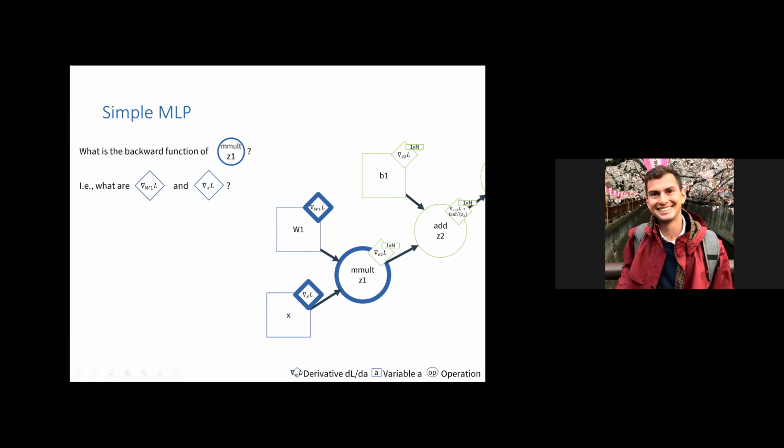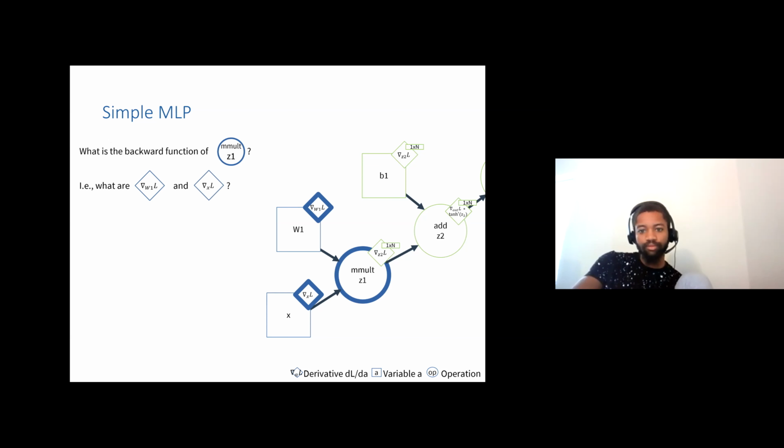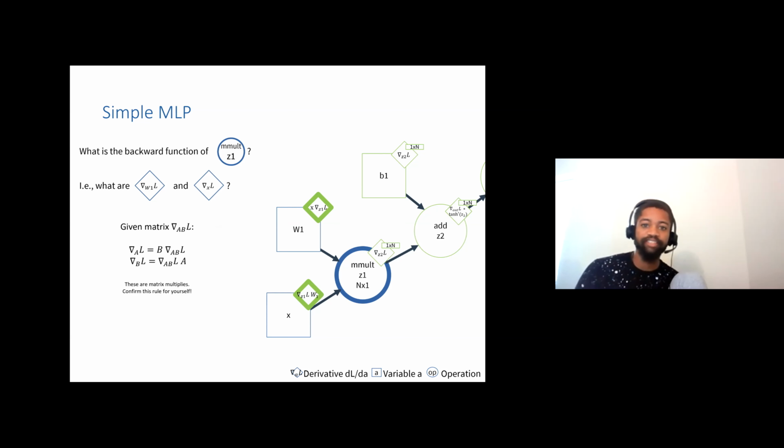Is it just the opposite, like x gets W1 and W1 gets x? X gets W1. Yeah, I think that's right. So for W1, it'll be x transposed matrix multiplied by the gradient of the loss with respect to z1, and for the gradient with respect to x, it'll be the gradient of the loss with respect to z1 matrix multiplied by W1.